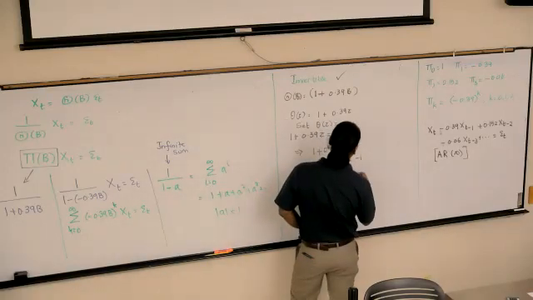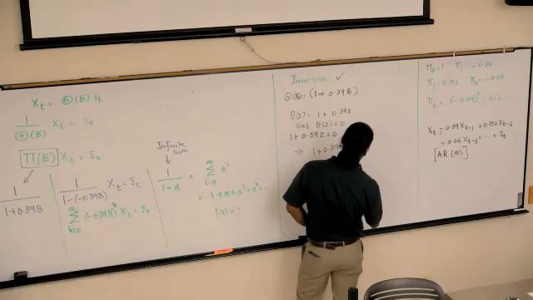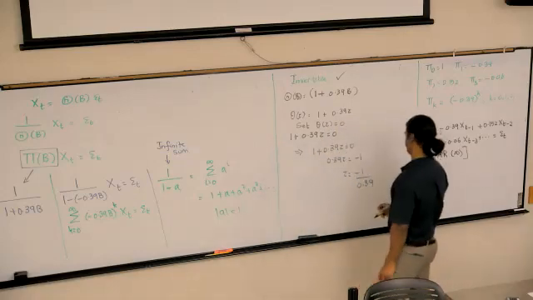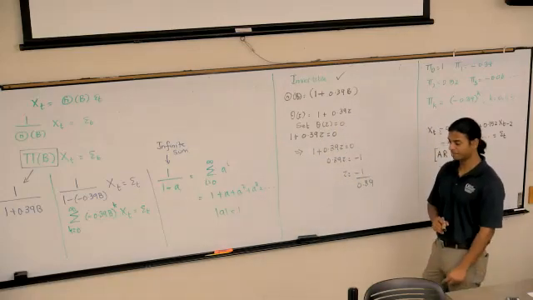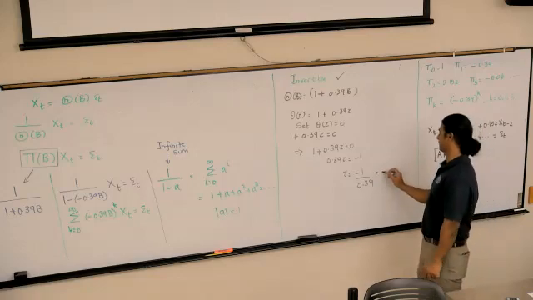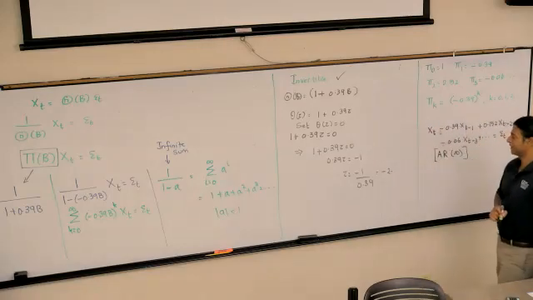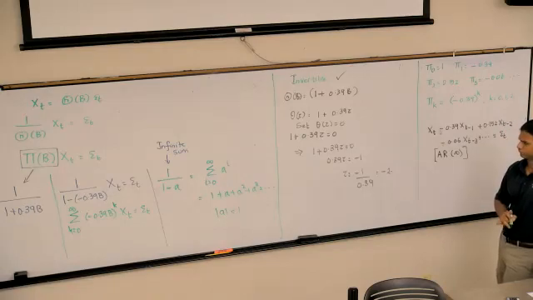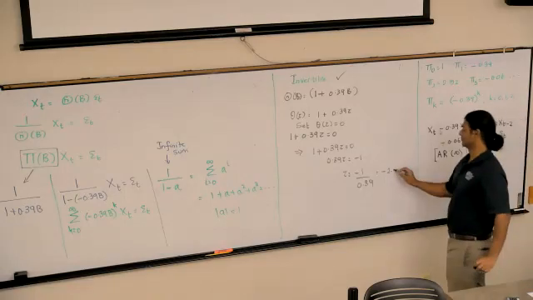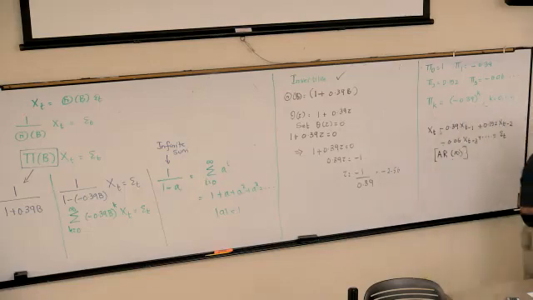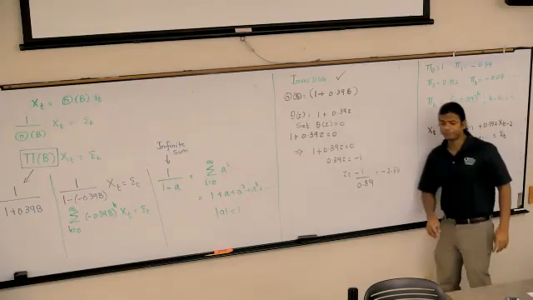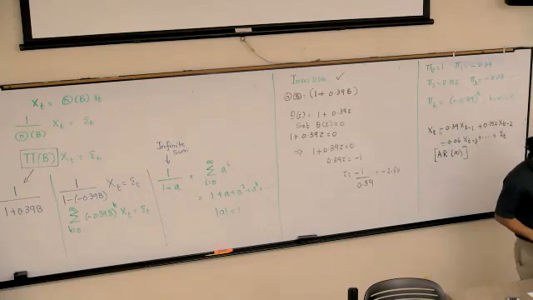Z would be equal to negative 1 over 0.39, which is negative 2.56.